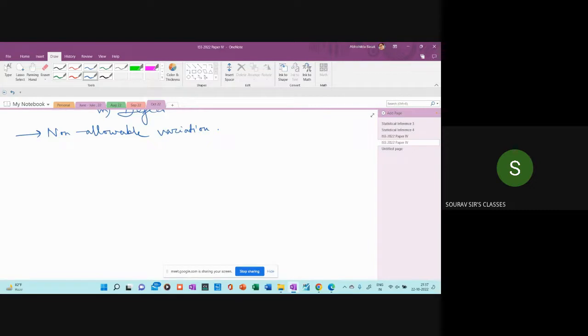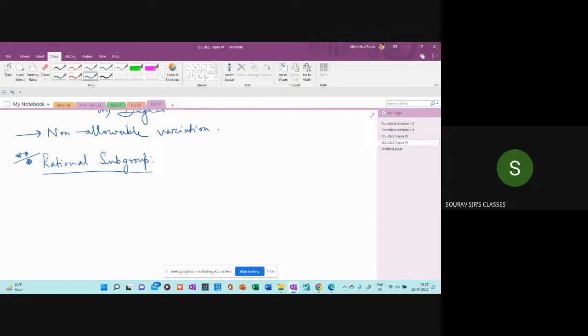Next, after variation, the next term is rational subgroup. This is also a very important term. Shewhart framed this term rational subgrouping because in process control, the collection of sample data is very important.